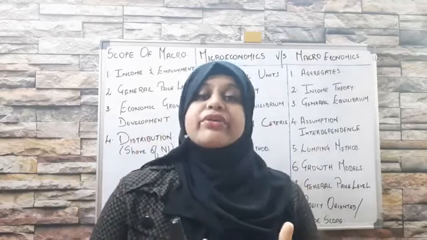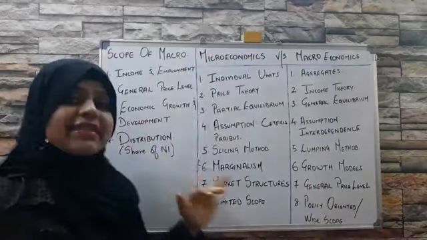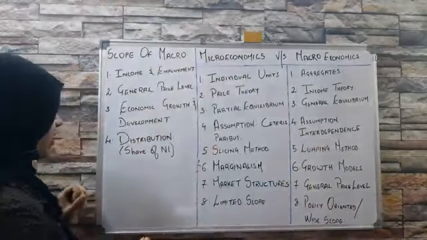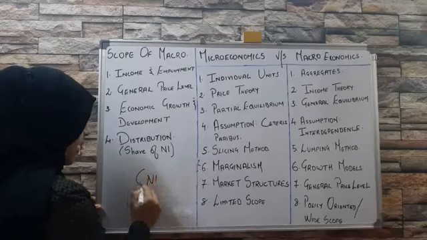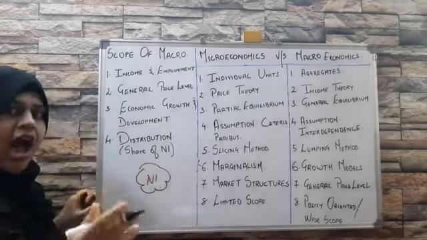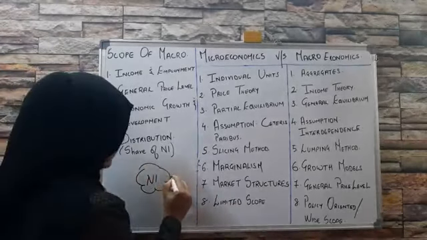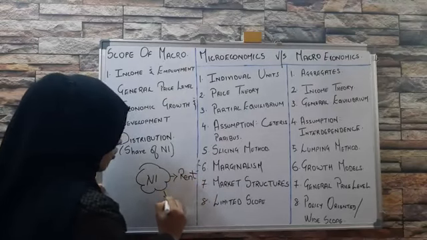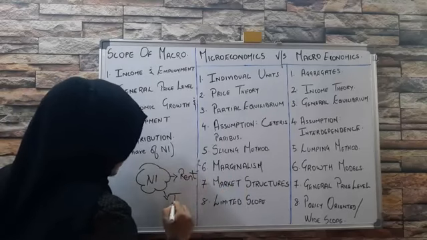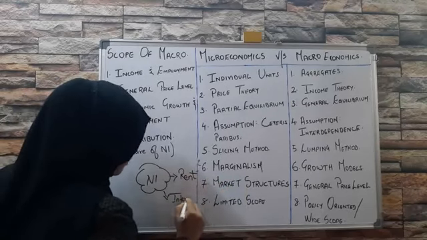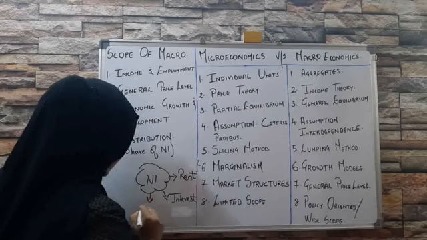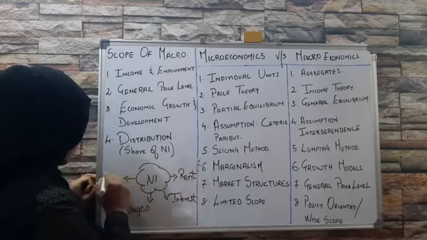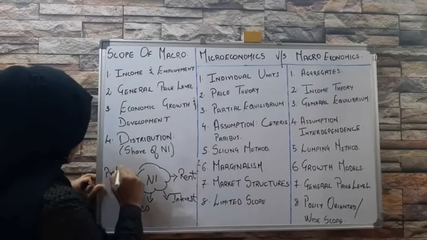Here you are going to study what national income is made up of. How much of the national income, this is my entire national income, has gone as rent, how much of it has gone as interest, how much of it has gone as wages, and how much of the national income has gone as profits.